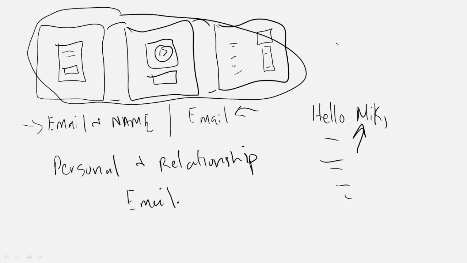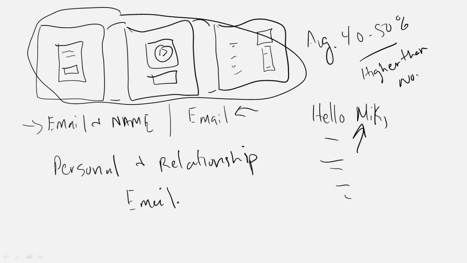So we wanted to effectively use the same strategy used in these ones. And we know that on average, with our email squeeze pages, we were getting a 40 to 50% opt-in rate, which is higher than normal. There are a lot of people that can't get that and will never get that, just because they don't have the ability to.